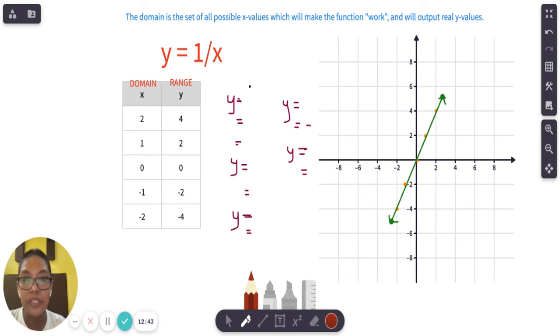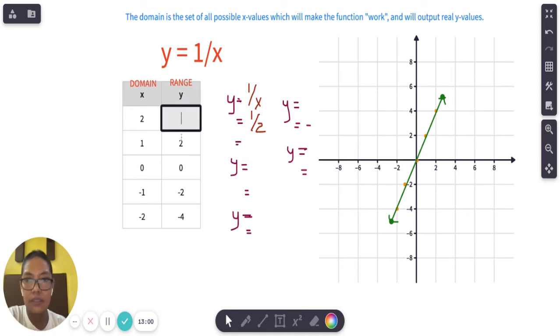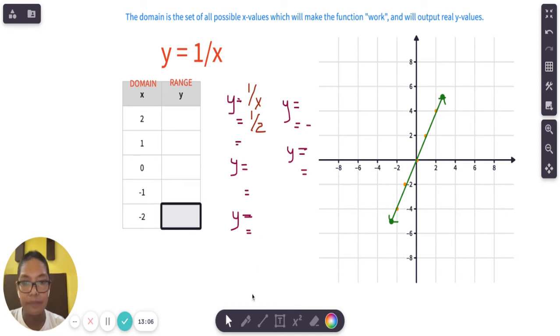Okay, so 1 over x, 1 over 2, ayan po dito galing yan. Burahin pa natin to. Iba na po kasi magiging mga sagot. So, okay. 1 over 2 or 0.5.